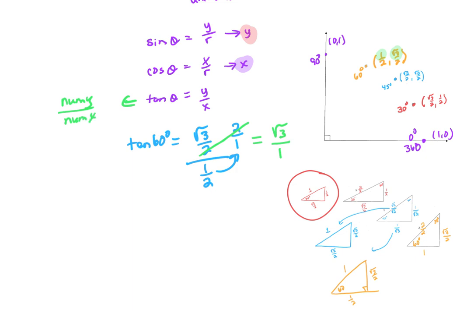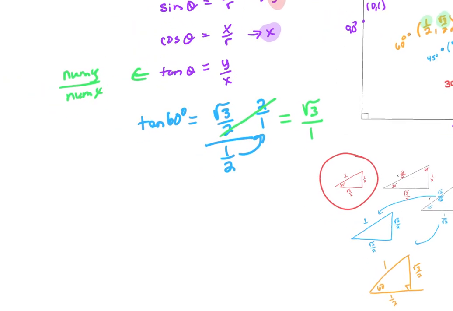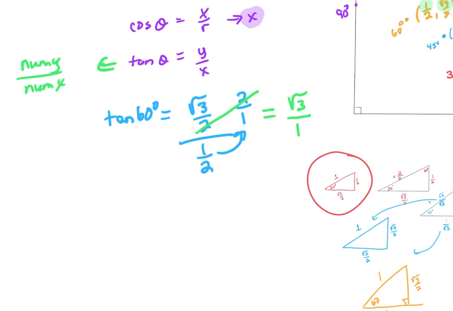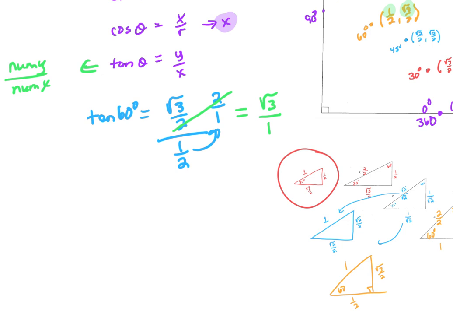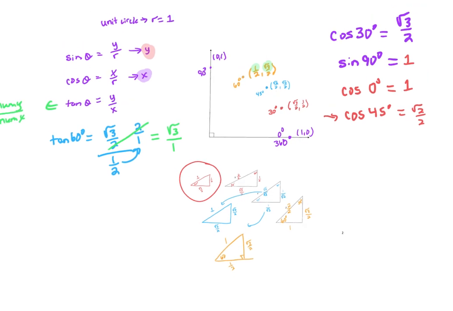Okay, so for tangent of 60, that's what we get. Go ahead and write that down, and you may want to write a little note or reminder. Definitely write the reminder about the numerator of the y over the numerator of the x, but 2's will divide out, so do the shortcut. Something to that effect, okay?